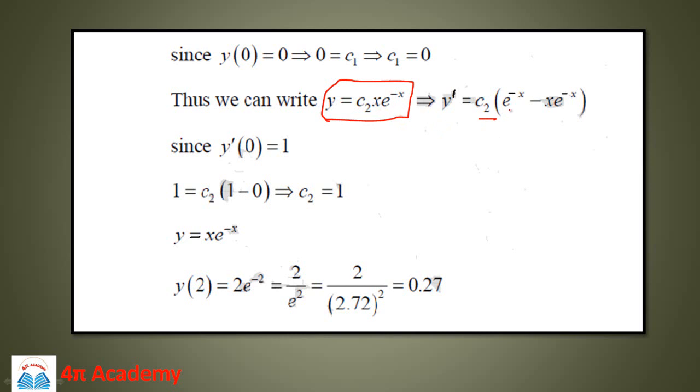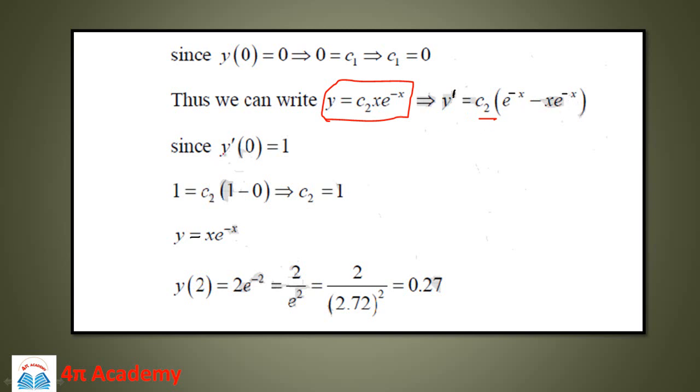By keeping e raised to power minus x as the first function, the derivative of x is equal to 1. So first function into derivative of second, that is 1, minus second function, which is x, into derivative of first, which is again e raised to minus x.